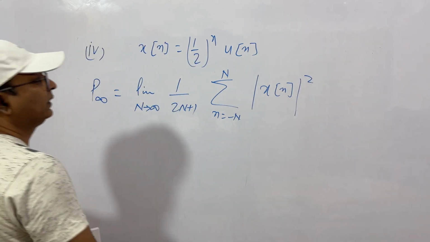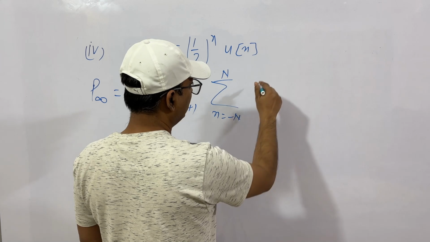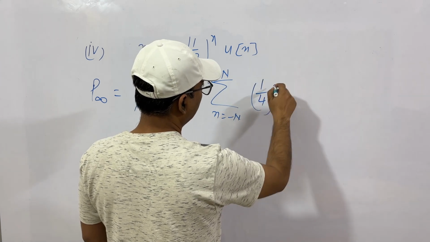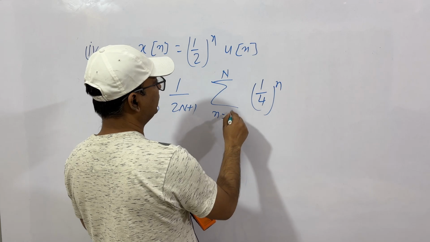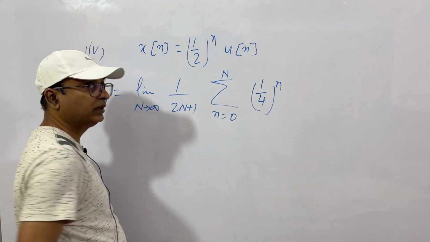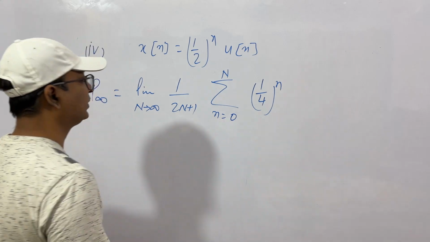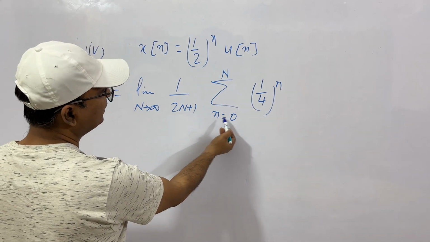This you know. Now we can come to the point where we have 1 by 4 to the power n. This will be from 0 to n. Here our limit will be from 0 to n, not to infinity. This is 0 to n because this was from minus n to n, and because of u[n], it becomes 0 to n.